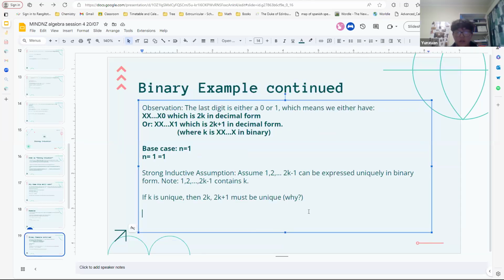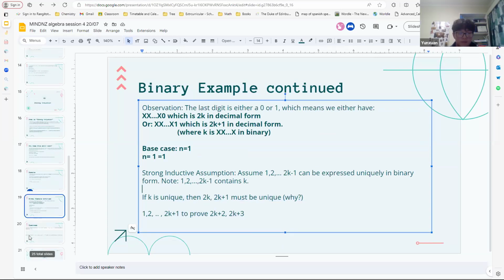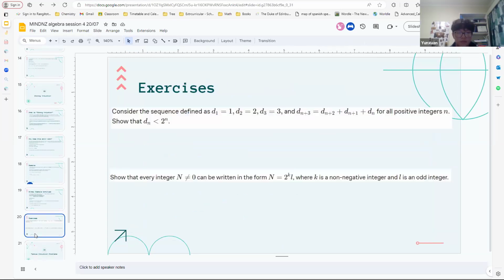It is, right? Because after this, we just have 1, 2, ..., 2k plus 1 to prove 2k plus 2 and 2k plus 3. So it is sufficient to prove all of this. So now we'll do these.